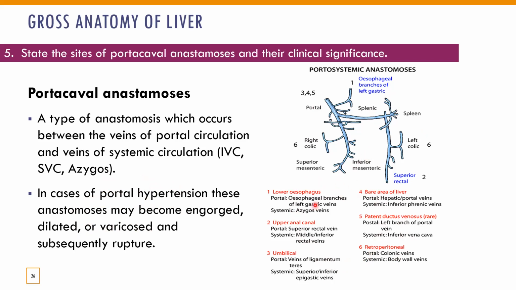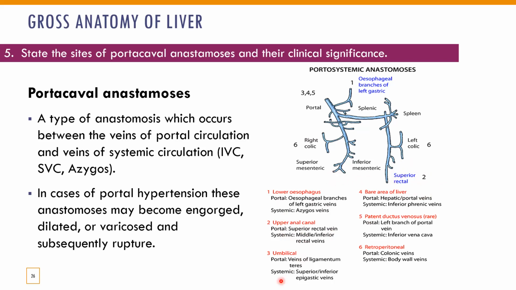These are all the portal systemic anastomoses. Number one is at the lower esophagus, between the esophageal branches of the left gastric vein and the esophagus. Number two is the upper anal canal, between the superior rectal vein and the middle or inferior rectal vein.